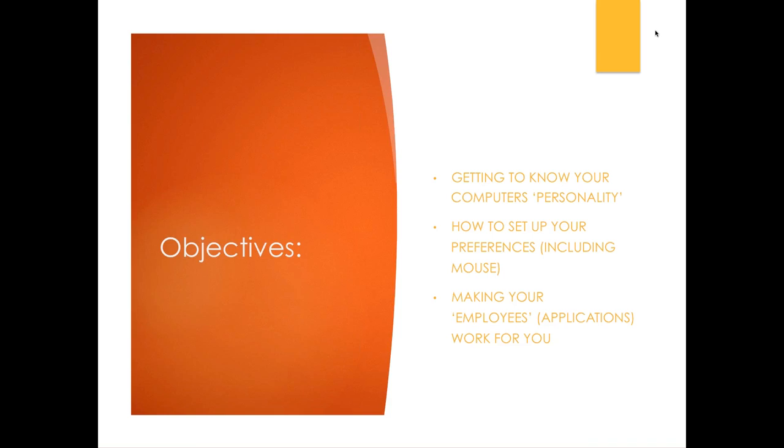So that's our first objective. Next, we're going to see how to set up your preferences, so how to set it just the way that you want to be most comfortable. So get to know it, set it up the way that you want to, and then make your employees, or applications, if you will, work for you. So making that computer do what you want it to do.